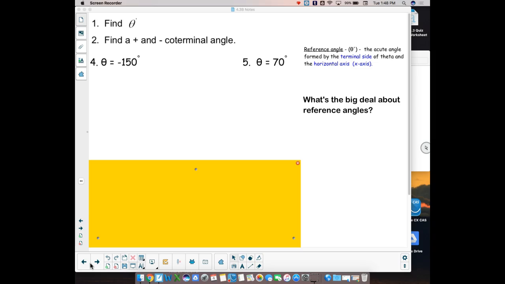Meaning, what's the deal? What's the big deal about reference angles? Why are reference angles so important?